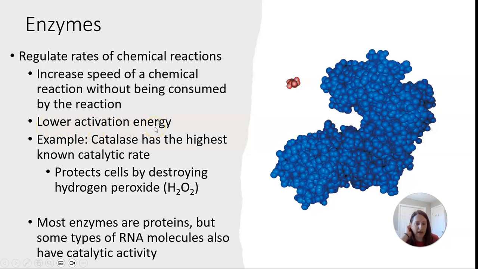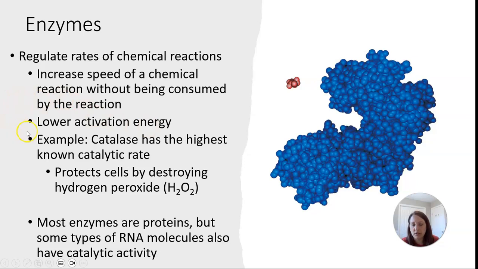If you remember back to the first part of this chapter, we talked about this hump that must be overcome in order for a reaction to proceed. That hump is called energy of activation or activation energy, and enzymes work to lower that energy requirement. And again, I'll show you a profile on the next slide.